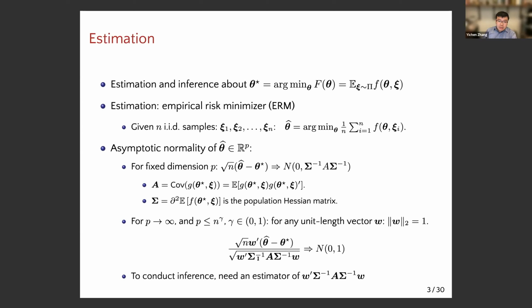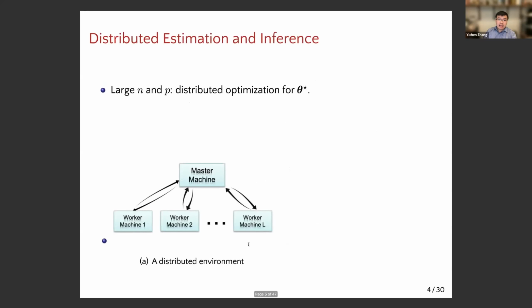In both settings, we are interested in an estimator of w transpose sigma inverse A sigma inverse w in order to conduct inference. Here we just have the asymptotic normality, and we need an estimator for that to do the inference.